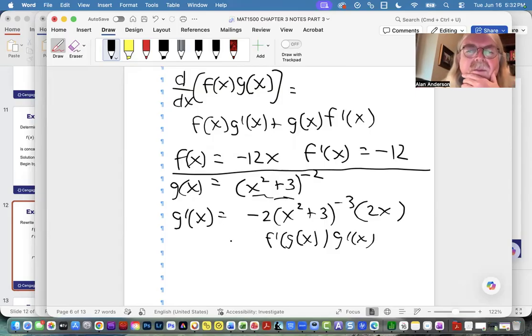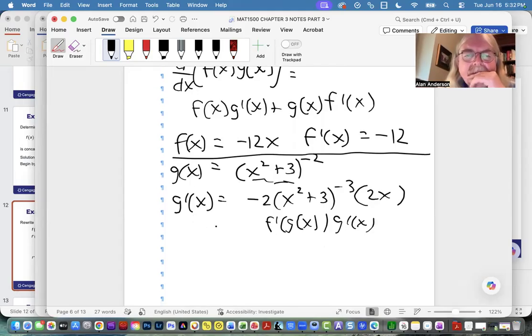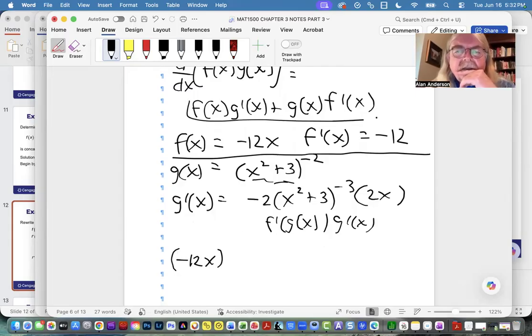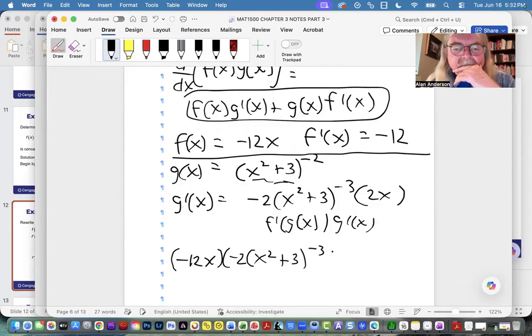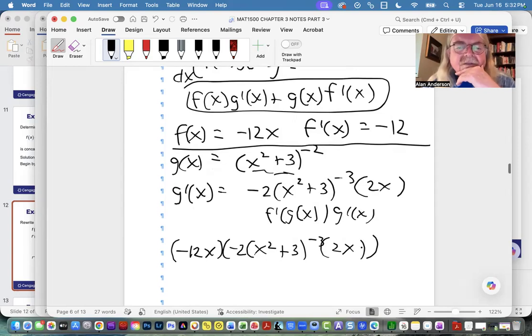So you've got all four parts. You can plug them in. You've got negative 12x. So right here is where we'll substitute all of our values. Now here we've got negative 2. And then we still need g of x. F prime of x is just negative 12.